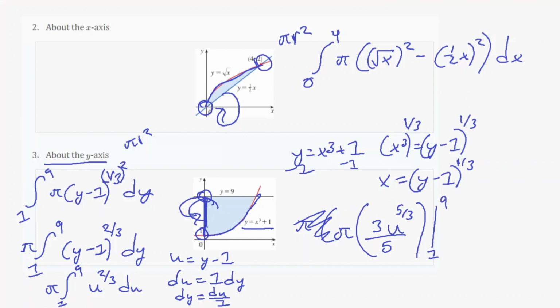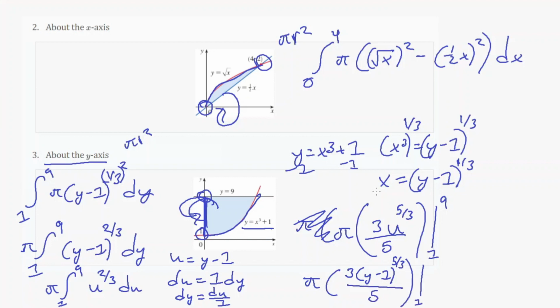And let's also plug in u before we do all of that. So if we create some space here, or we do have space down here, we could write it out real quick. So it's going to be pi times 3 times y minus 1 to the 5 over 3 power divided by 5.